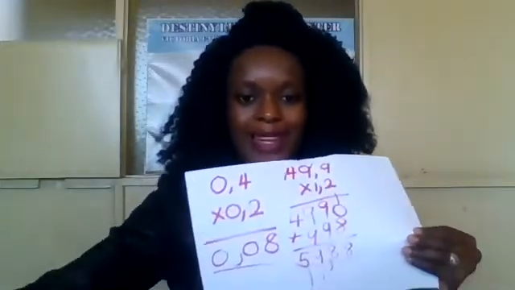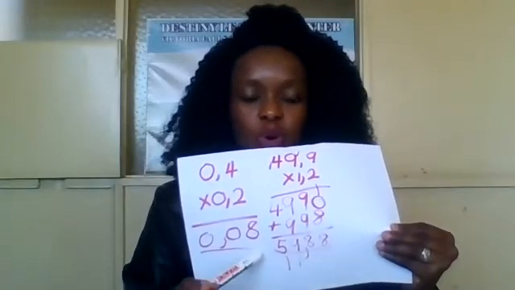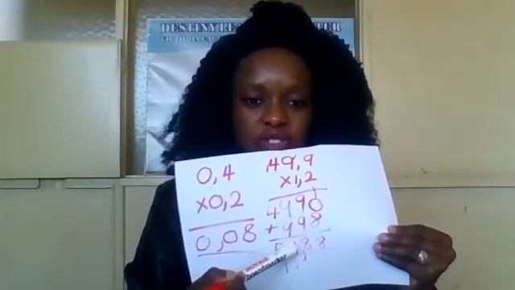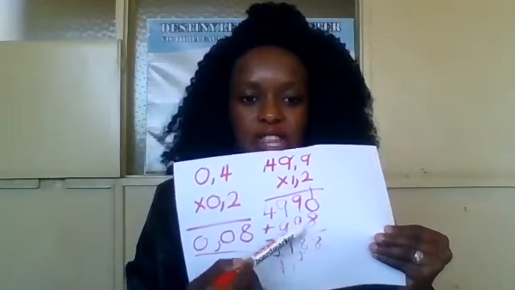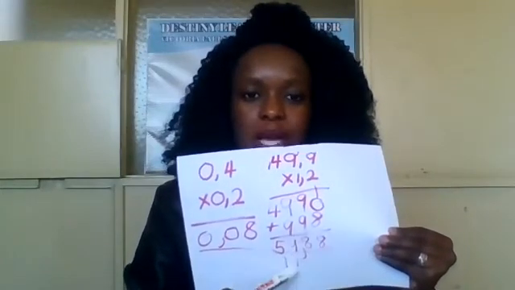Because without the comma, that answer is 5,988, and that is wrong. But with the comma, it's 59,88. The comma makes a big difference in that number, because this becomes 59.